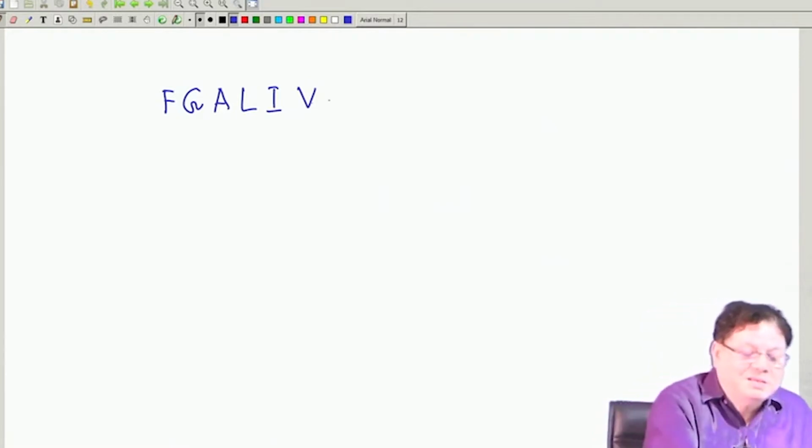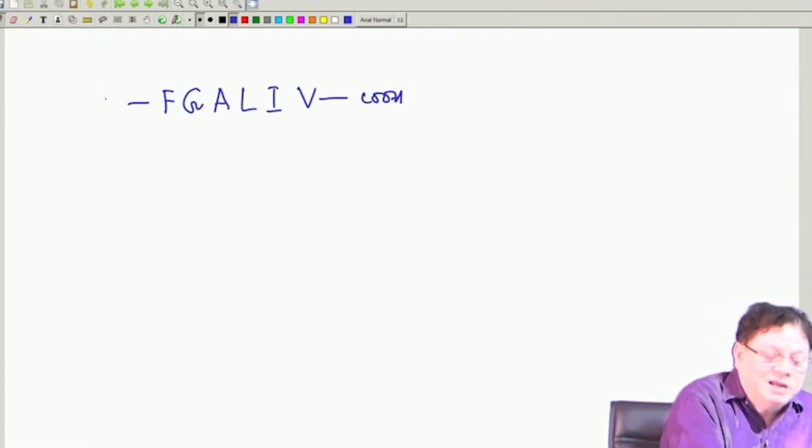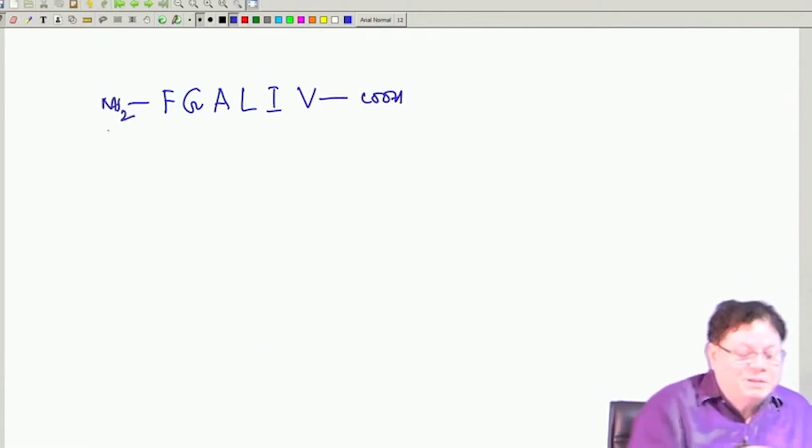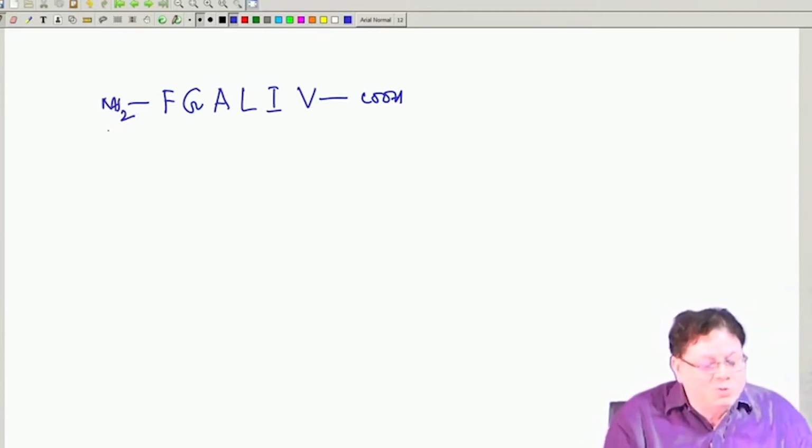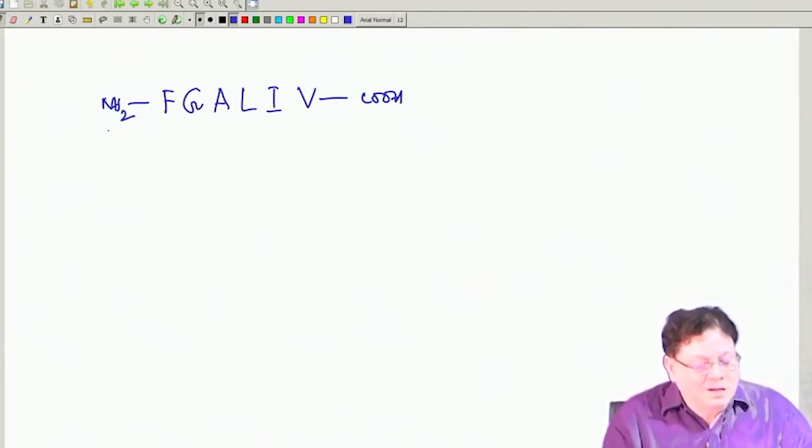Okay. This has got the carboxy free and this has got the NH2 free. Okay. Now, suppose this is not known to me and I want to know the sequence.